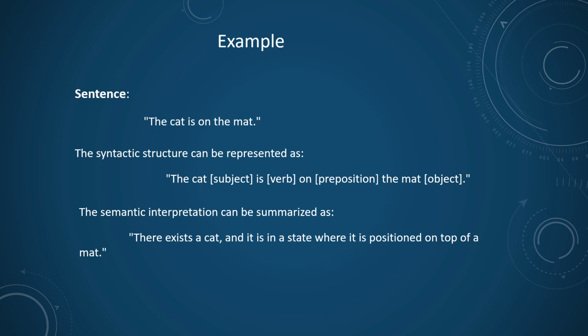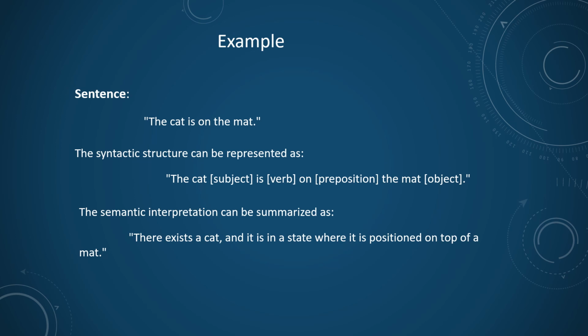Here, "the" is a determiner, "cat" is a noun, "is" is a verb, "on" is a preposition, "the" is also a determiner, and "mat" is an object. And here is the syntactic structure: the cat is the subject, "is" the verb, "on" the preposition, and the mat the object. It defines the grammatical structure of the sentence.